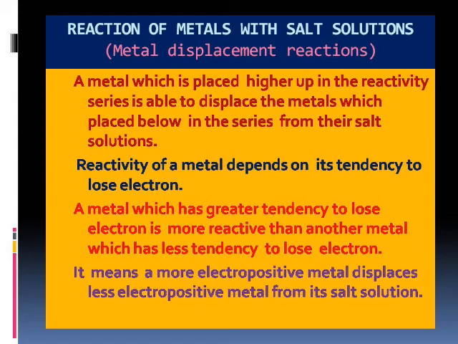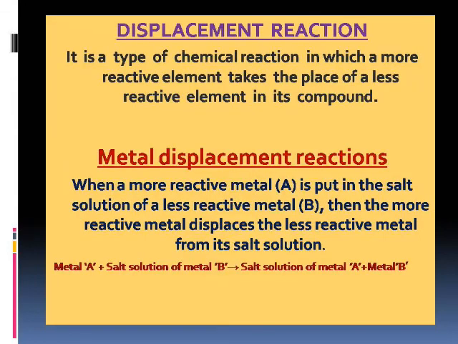Dear students, what do you mean by a displacement reaction? It is a type of chemical reaction in which a more reactive element takes the place of a less reactive element in its compound.